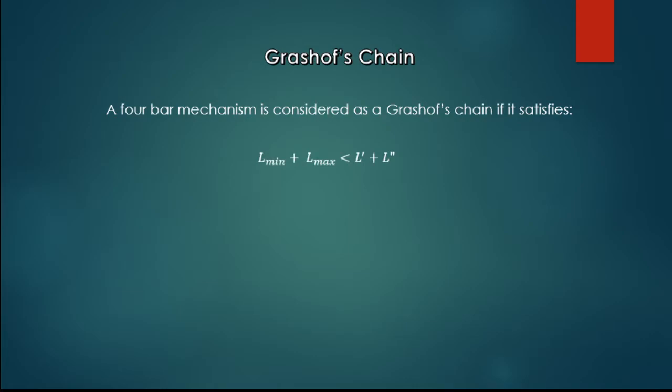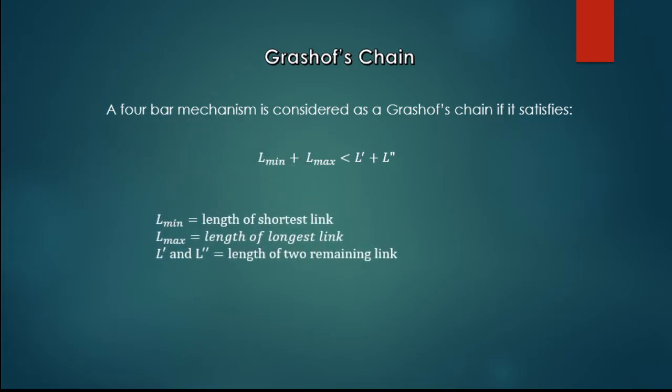We have length minimum plus length maximum is less than L prime plus L double prime, where L min is equal to the length of the shortest link in the 4-bar mechanism, and L max is the length of the longest link in the mechanism.